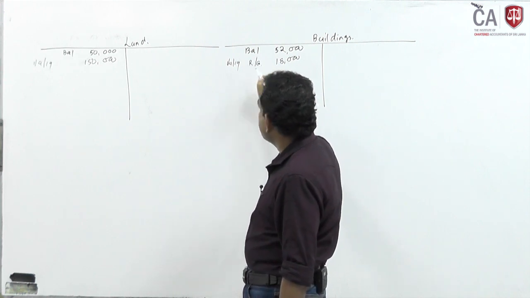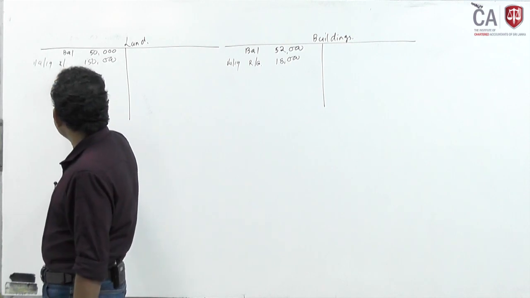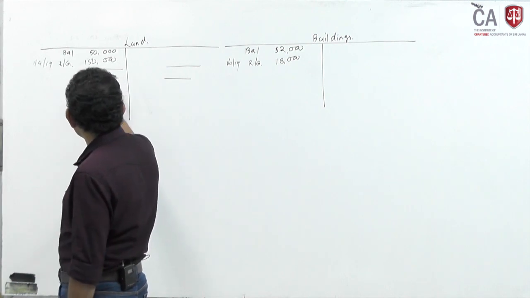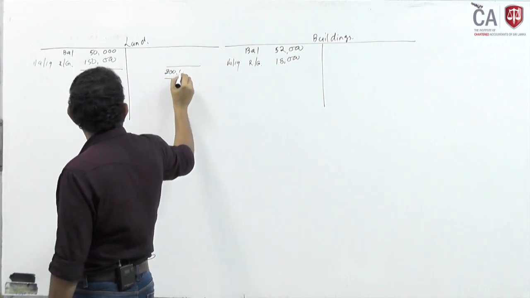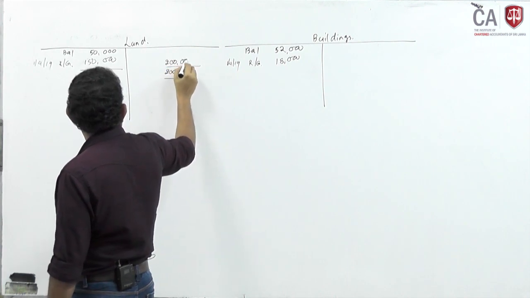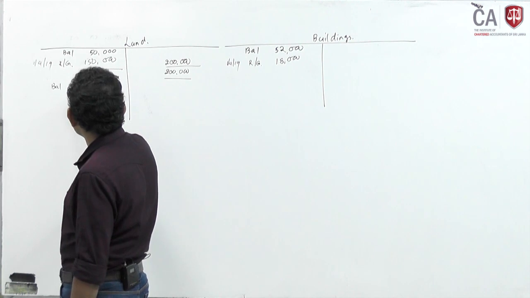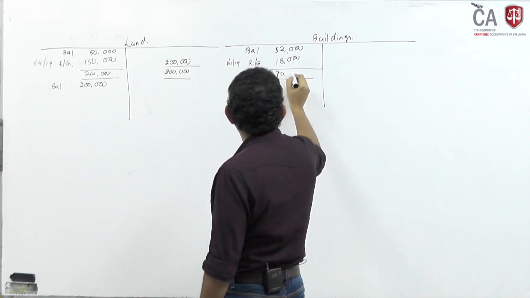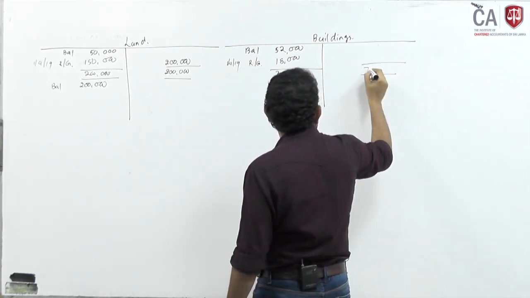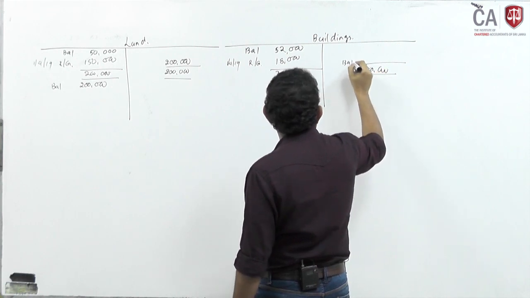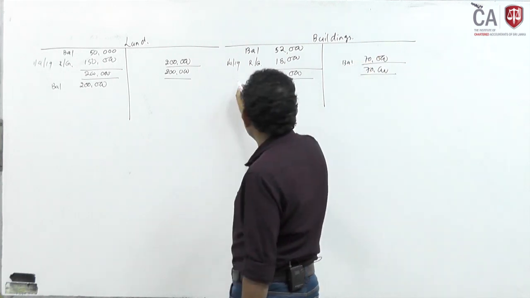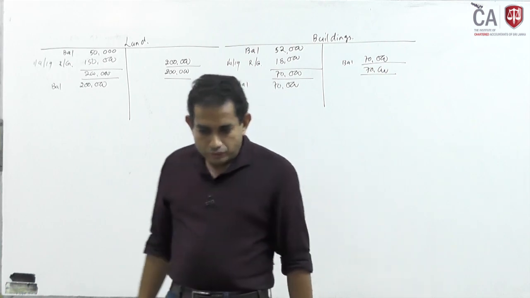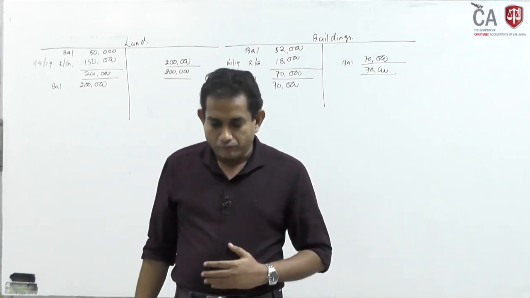So, the land value 200,000, balance 200,000. Building 70,000, here the balance has to be 70,000. So, that was as at 1st April 19.